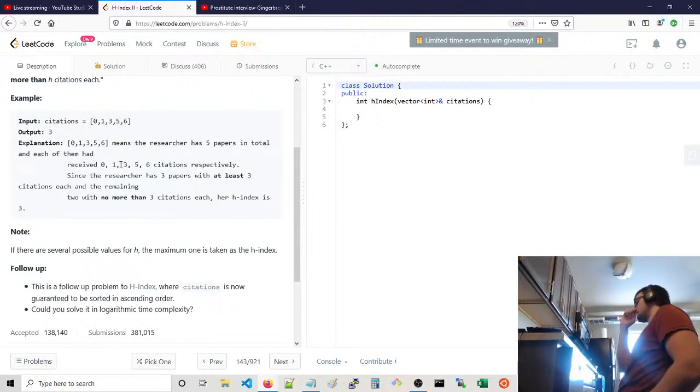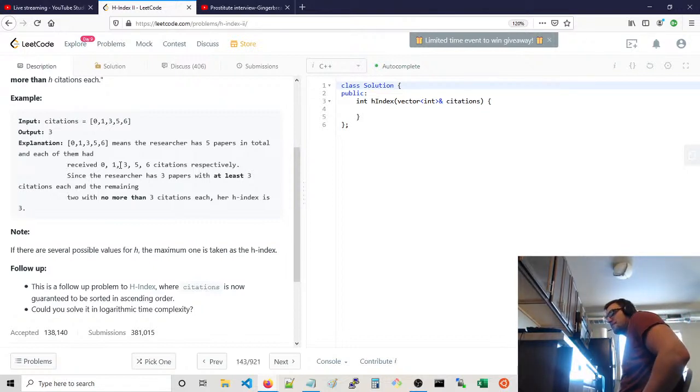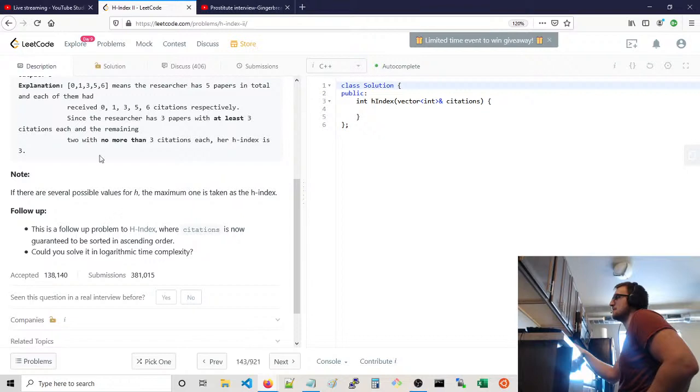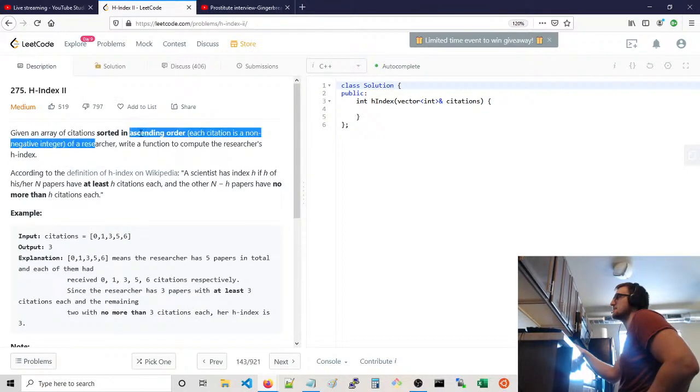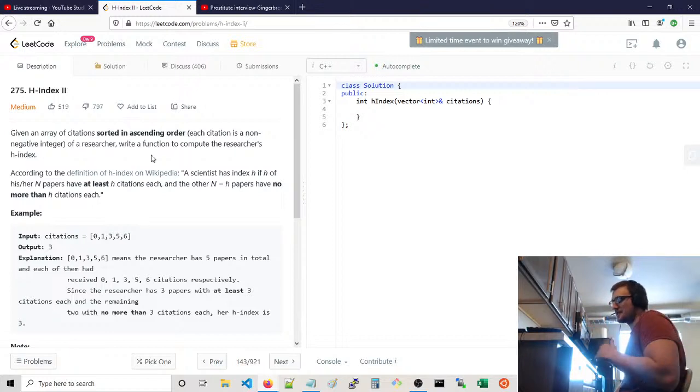So basically, H-index would be if there's H papers with at least H citations. And we just solved this a moment ago. One way of doing this, if it's already sorted, is you can just loop from left to right, and at each index, consider the number of papers to the right.